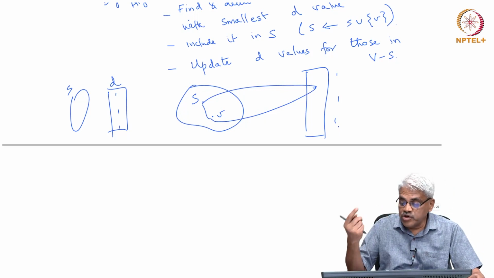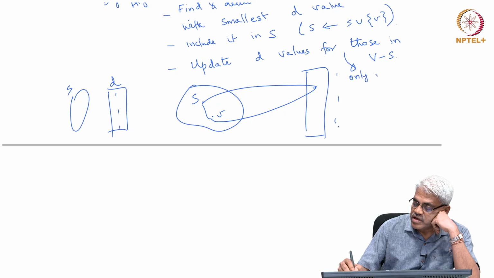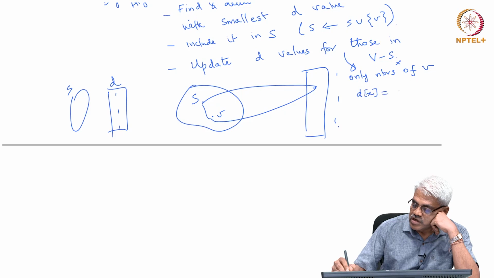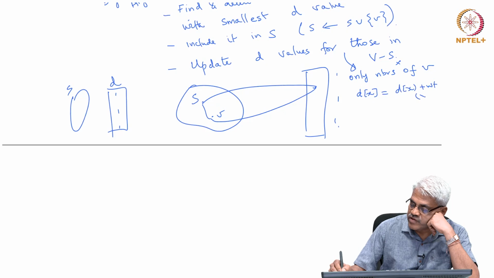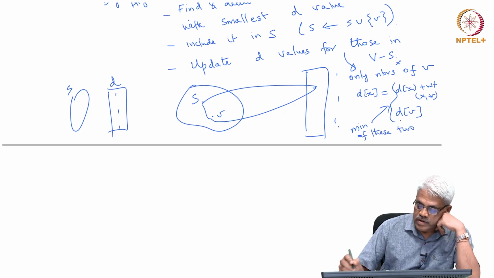So it's not very hard to notice that we just need to check only the neighbors of V. Let's call X a neighbor of V. D of X equals the min of D of X, or D of V plus weight of VX.